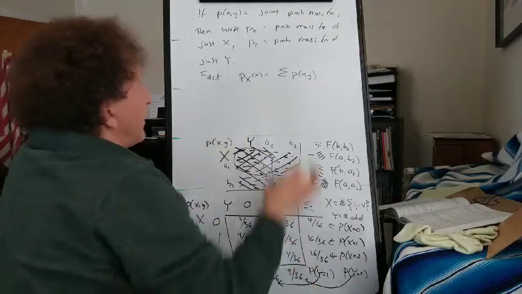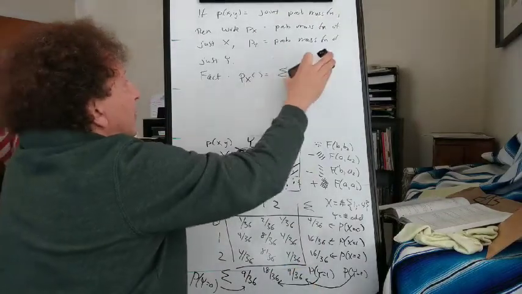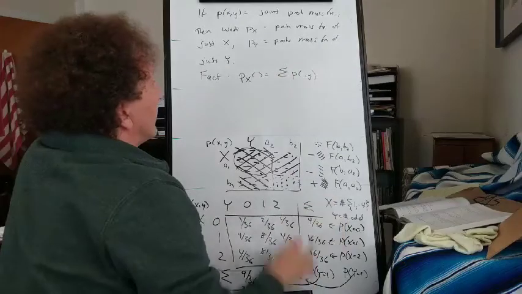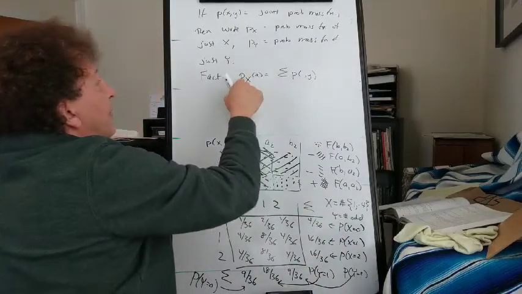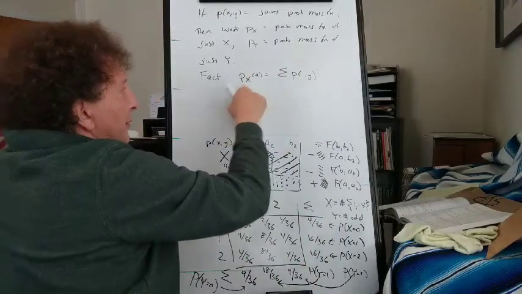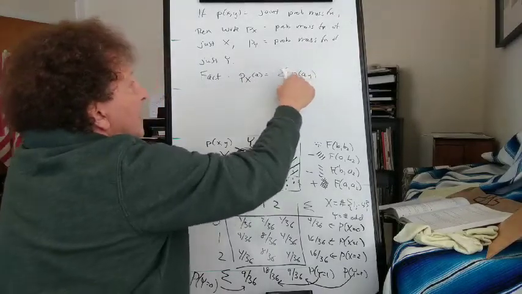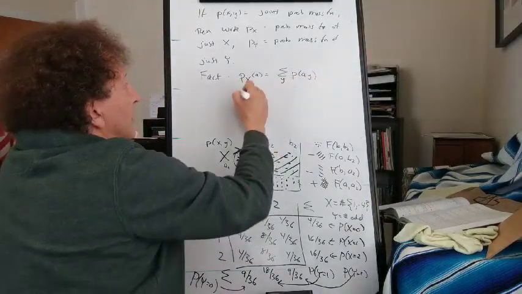And if we fix a value of little x and we want this evaluation of this probability mass function, we just sum p over all possible values of y.